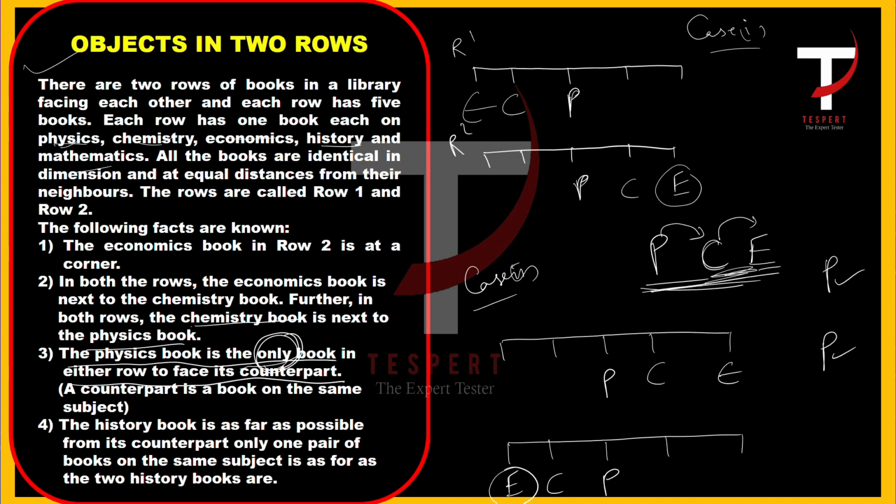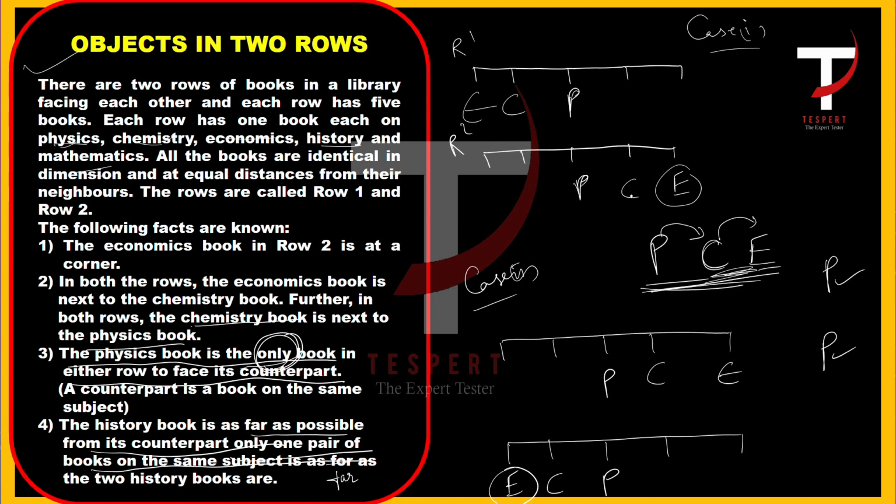So consider statement 4. The history book is as far as possible from its counterpart, and only one pair of books on the same subject is as far as the two history books are. So the history book must be as far as possible in both the rows.